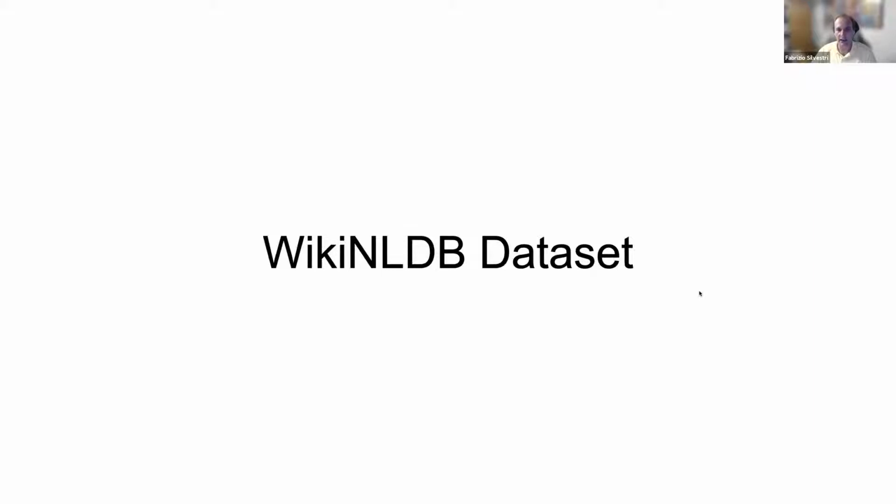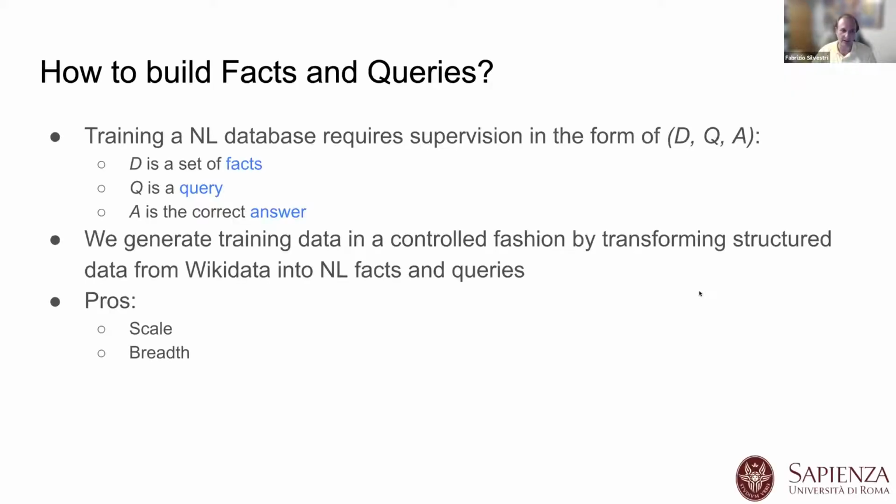So as I said, we needed to generate a data set. We are actually releasing this data set along with the ACL paper. The data set is called Wiki NLDB, and it's built automatically from another Google technique, which is KELM.